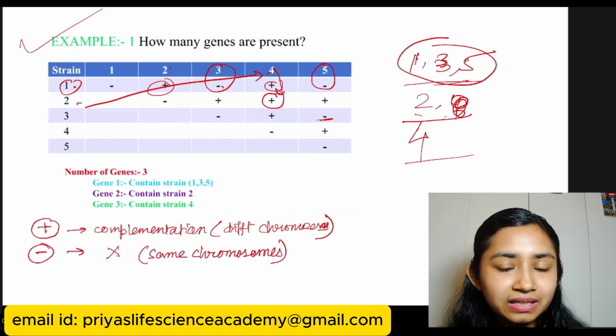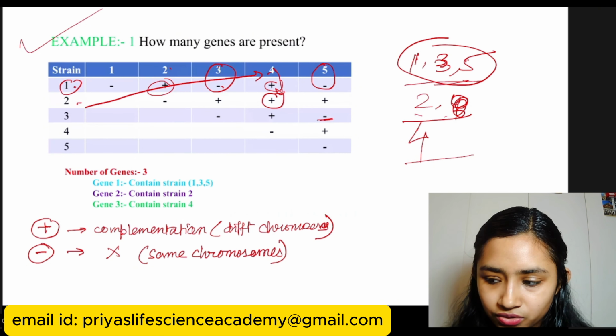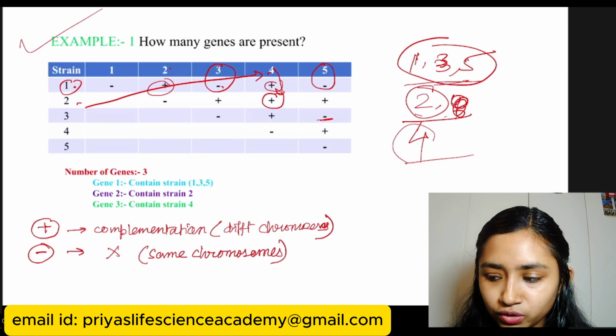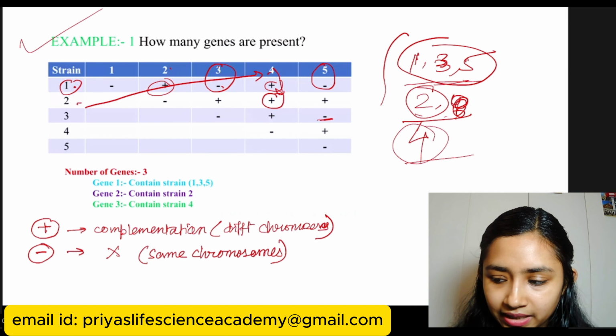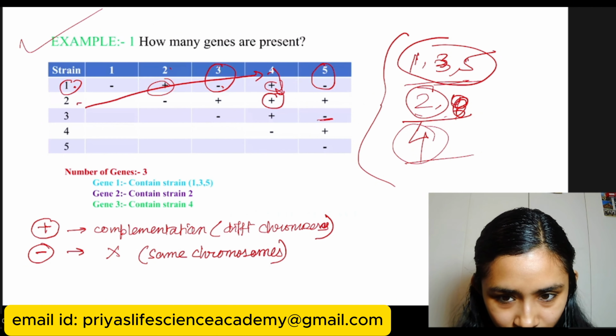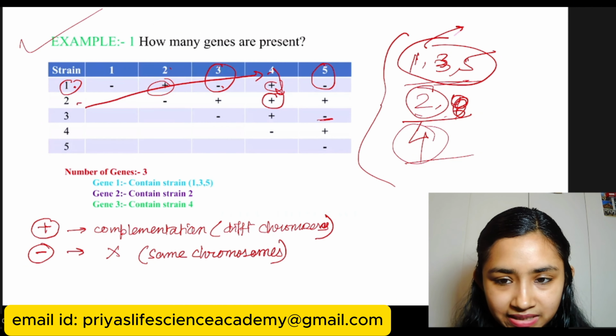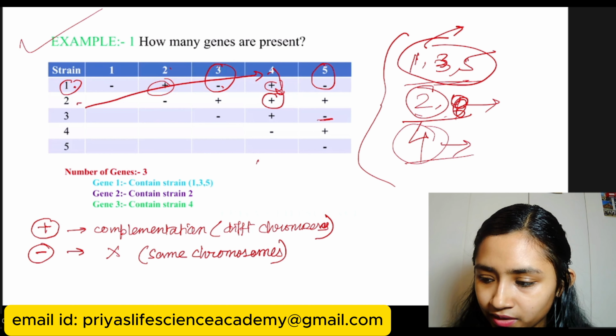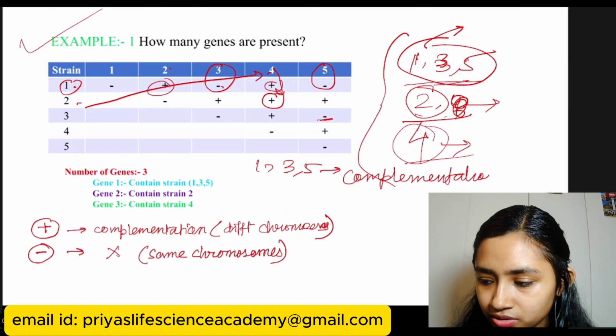These 3 genes are present on the same chromosome, so they are known as a complementation group, and 2 on a different chromosome, 4 on a different chromosome. So as a whole there are 3 groups, and 1, 3, 5 are in the same complementation group, 2 on a different one, 4 on a different one.